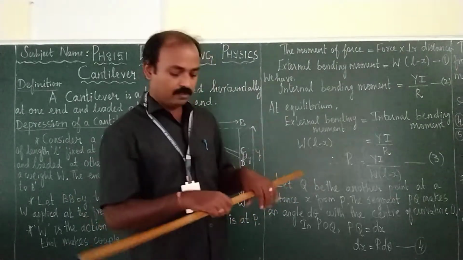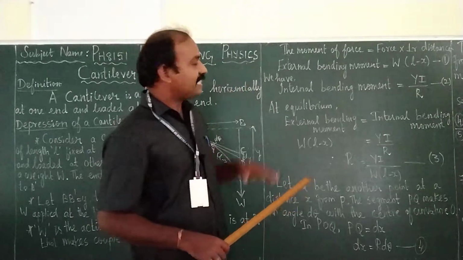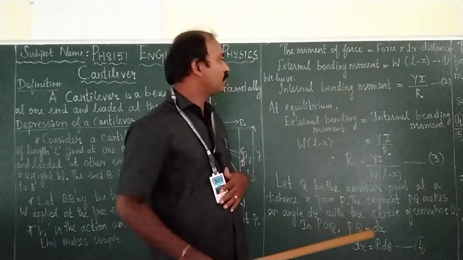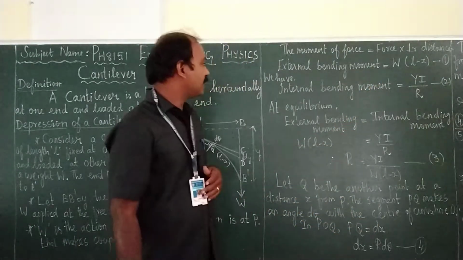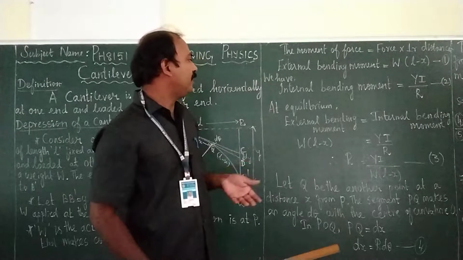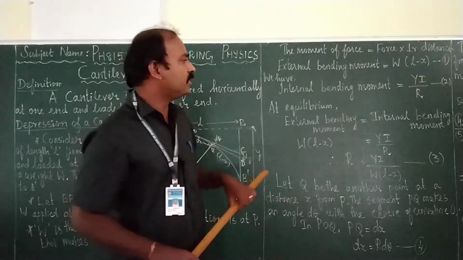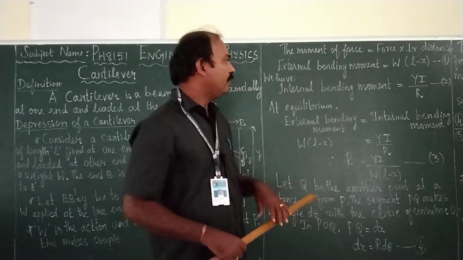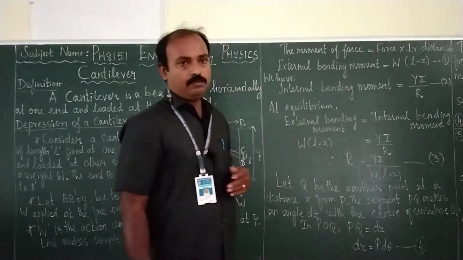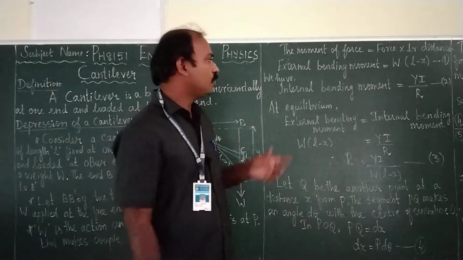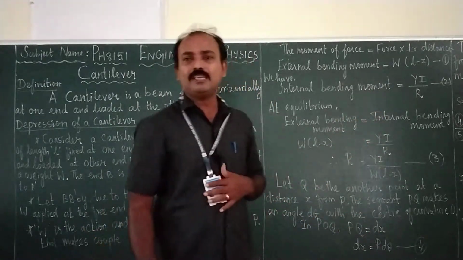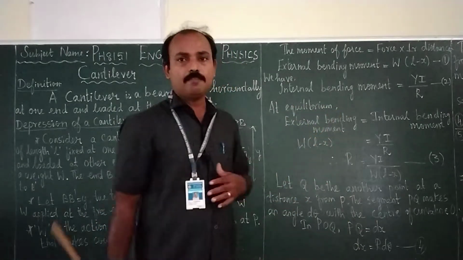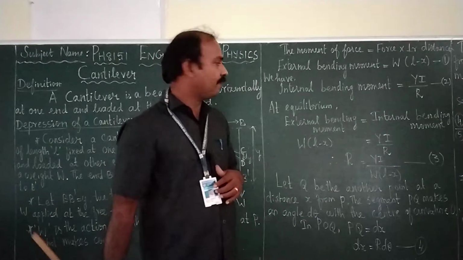The external bending moment, that is the moment of force, is W into L minus X. And you already learned that the internal bending moment is equal to Yi by R. As I discussed in a previous question, the internal bending moment of a beam is Yi by R, where Y is Young's modulus of the material of the beam, I is the geometrical moment of inertia, and R is the radius of curvature.